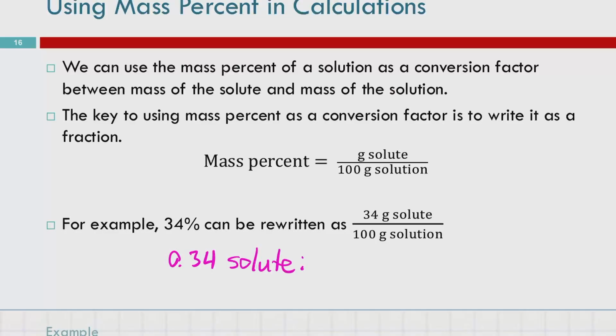So as a ratio, it would be 0.34 grams solute to 1 gram solution. It's the same as how it's written here, just in a different form.